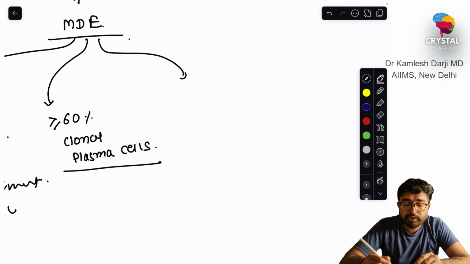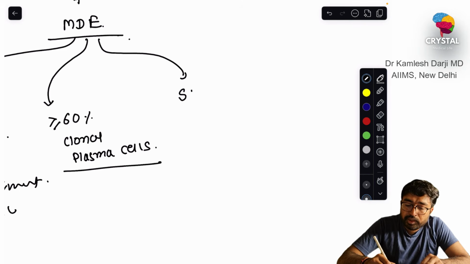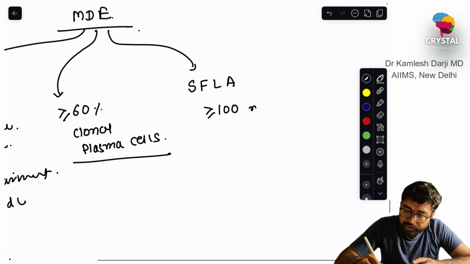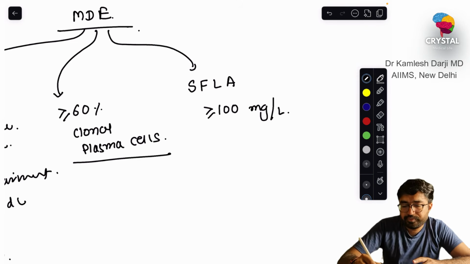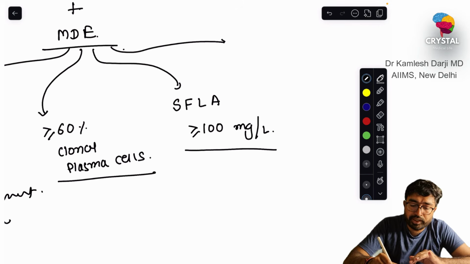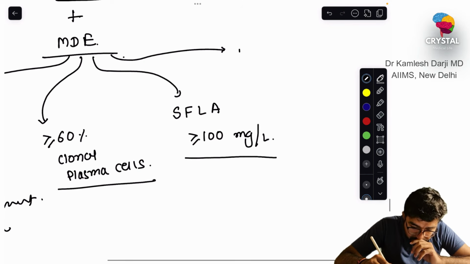Third myeloma defining event is your serum free light chain assay. In this, involved light chain is more than 100 milligram per liter.